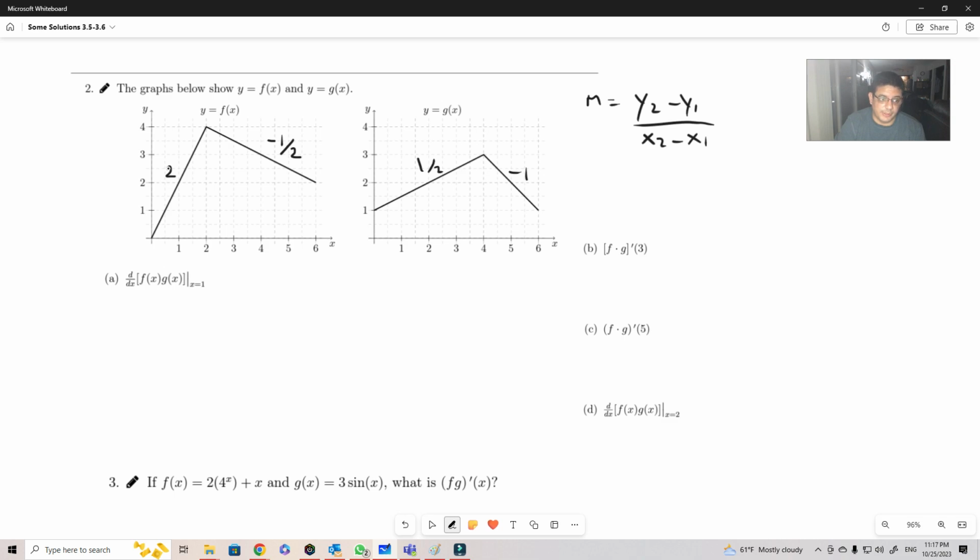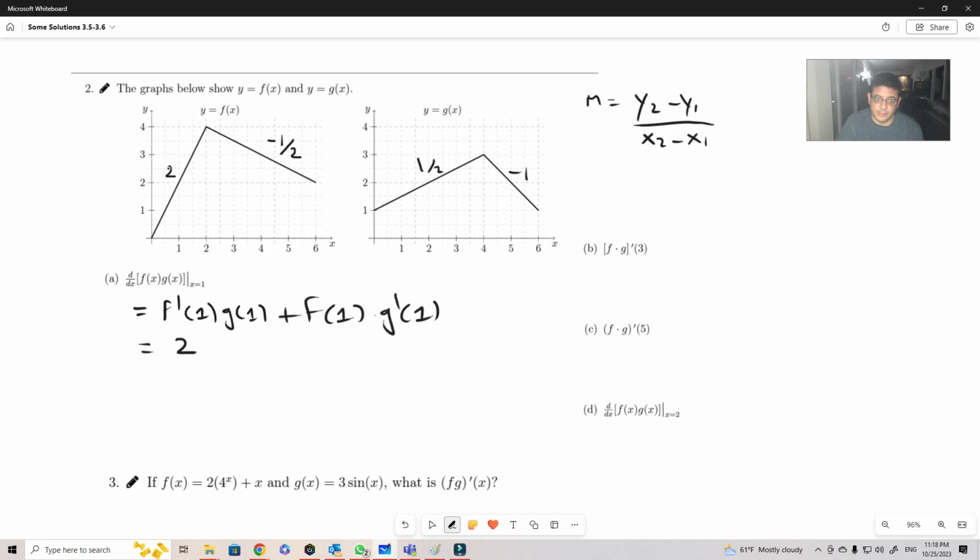So if we're finding f prime of 1 times g of 1 plus f of 1 times g prime of 1, which is pretty much the product rule of this function at x equals 1, then we need to find the derivative at 1, which in this case will be 2 for f.